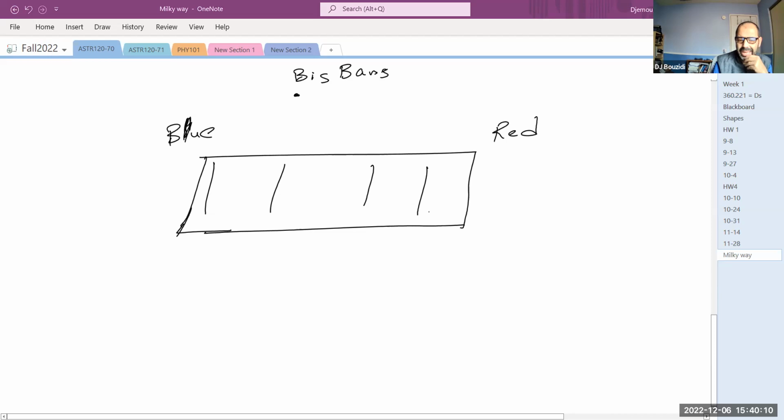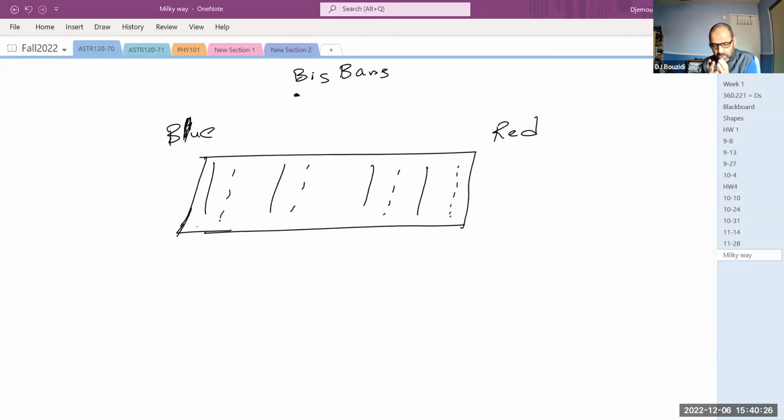The point is that they're not in that location for other galaxies. You'll find them in here. So this line will be moved in here, this line will be moved in here, and so on for all four lines. So basically, they are all shifted toward the red. That doesn't mean that they are red. It means that they are closer to the red than they normally should be.